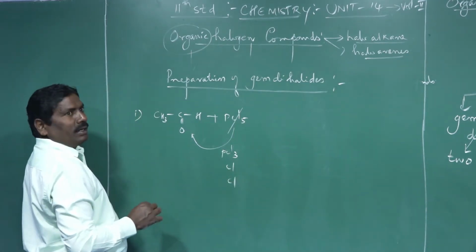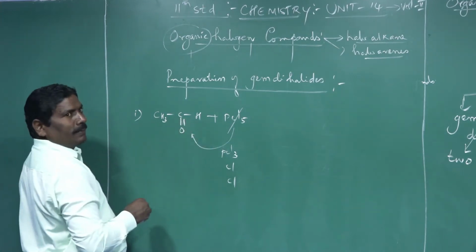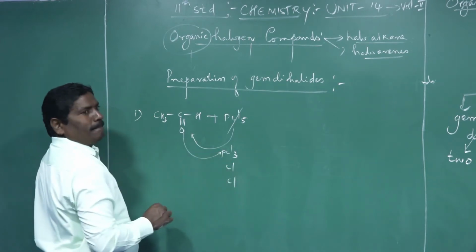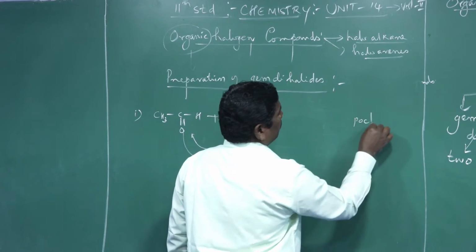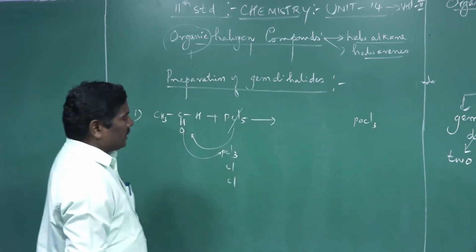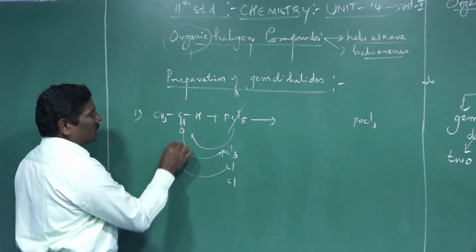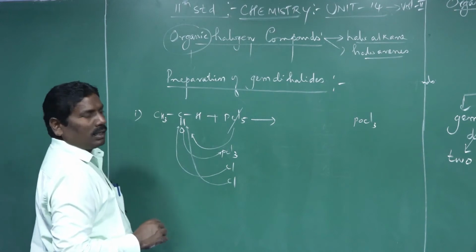Now, the oxygen, which has a double bond, is completely absorbed by PCl3, which becomes POCl3. The remaining two halogens are there: one bond is attached to one chlorine, another bond to the other chlorine.